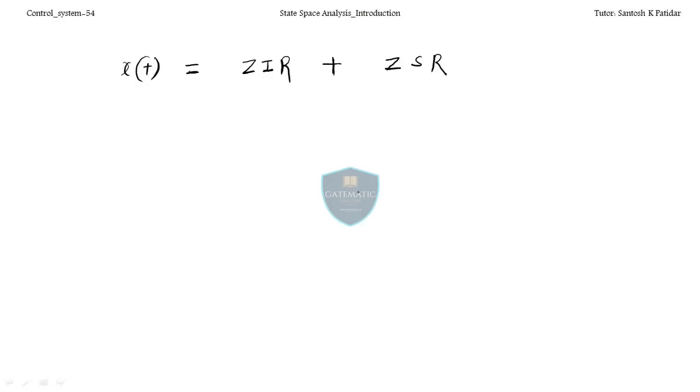Zero input response is due to initial states, and this is due to zero state, meaning due to input. Any problem? So this is the solution of the state equation.